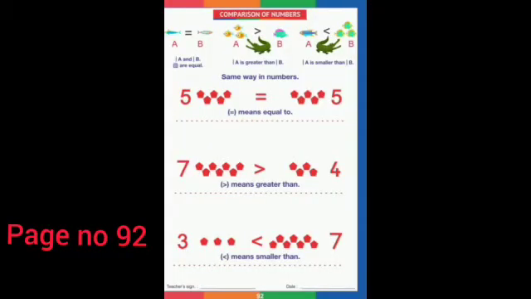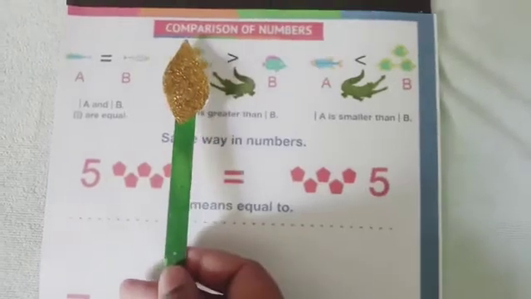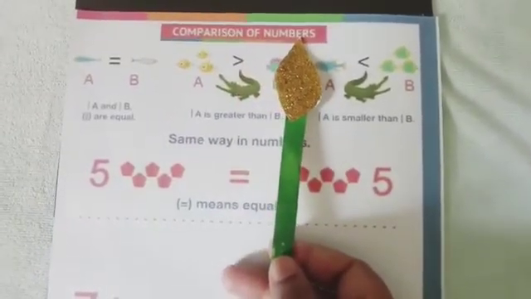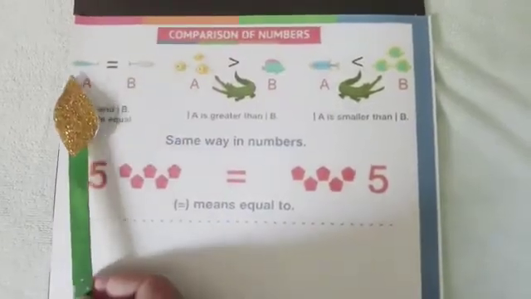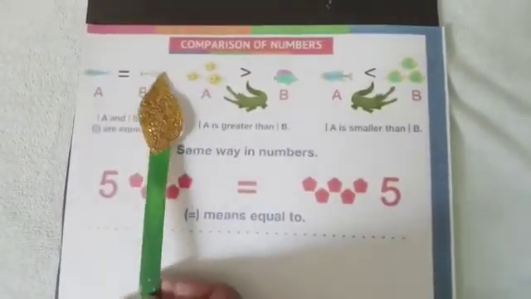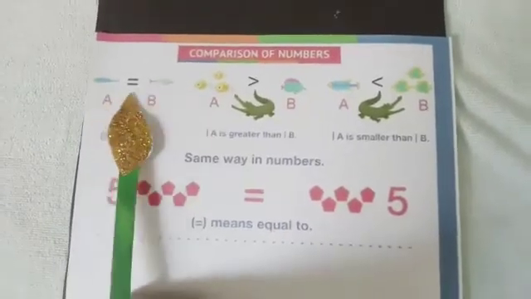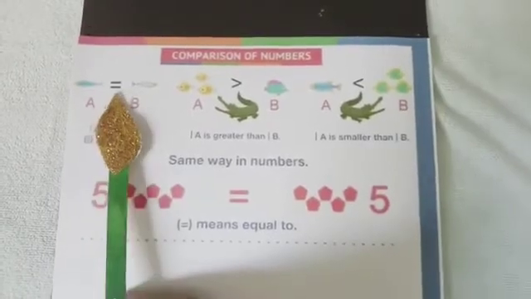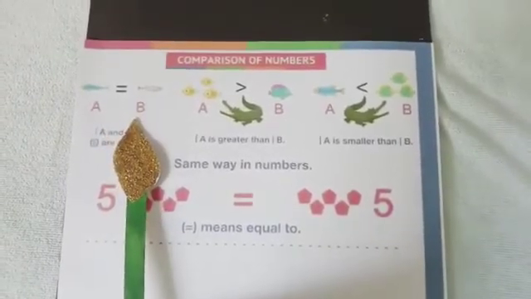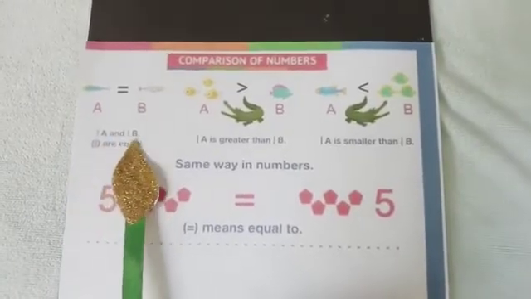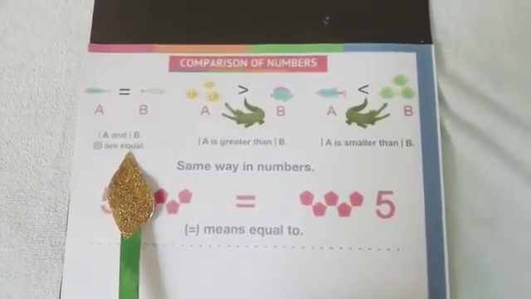So now let's see some more examples in your classwork book. Kids, open page number 92 given in your classwork books. It says comparison of numbers. Let's see some examples. Here A holds one fish and B holds one fish. So, what sign will we put? Equal to, because A is equal to B. And it says A and B are equal.